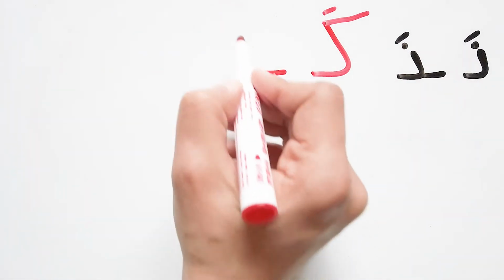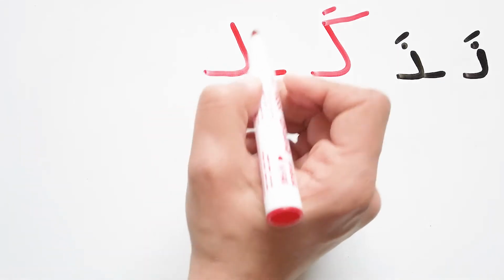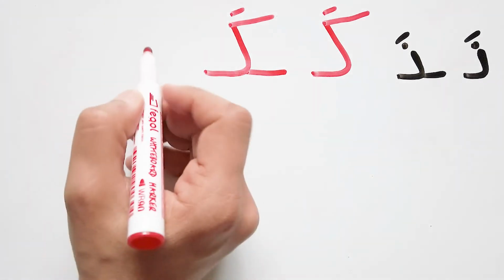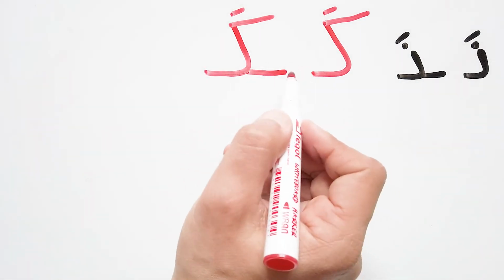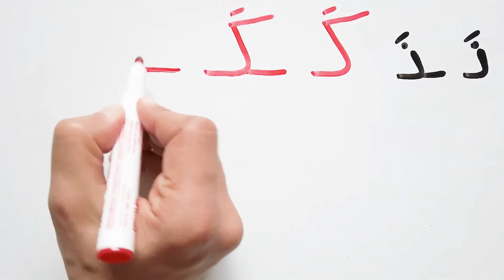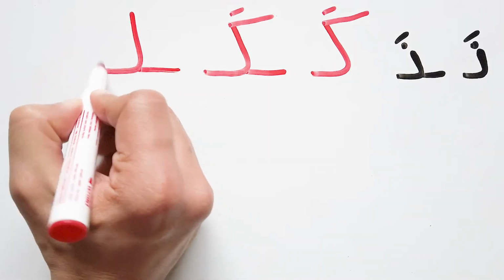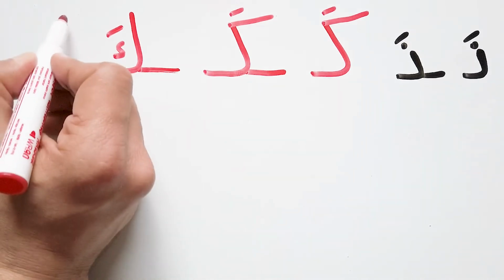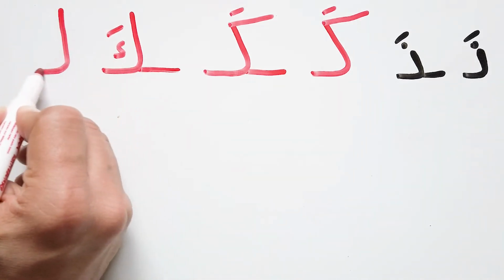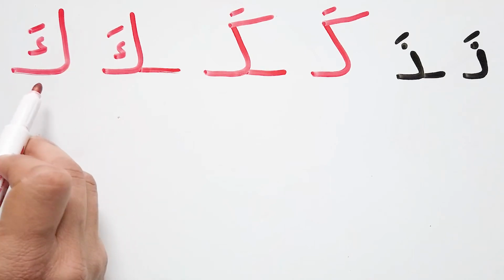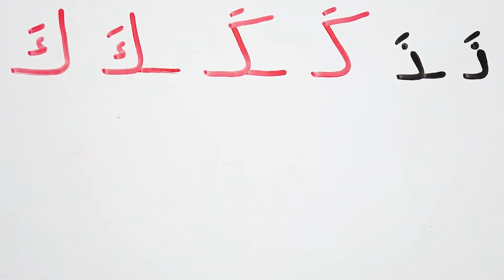The second ka is this, when ka in the middle of the word, when the previous letter is a regular letter. And then we have ka in the end of the word, when the previous letter is a regular letter. We have ka in the end of the word, when the previous letter is a refusal letter.